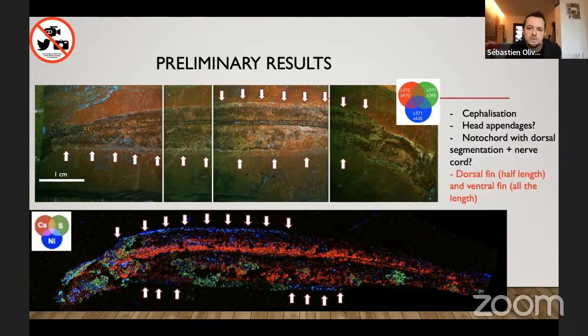We also have different fins. The dorsal one starts at the anterior part of the body and stretches until the middle length of the body. And here it's clearly visible, a ventral fin that goes all along the length of the animal, to the end of the animal.